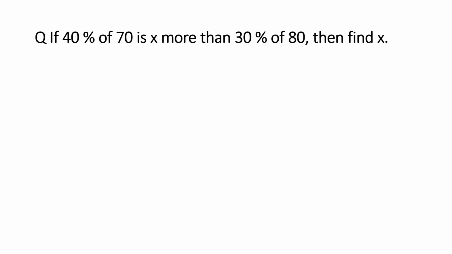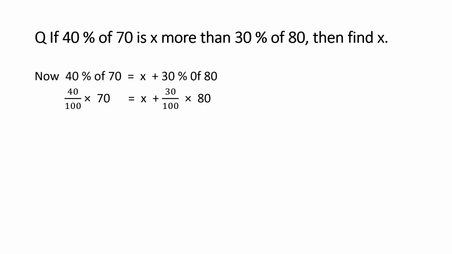So this equation has come out from this statement: 40% of 70 is equal to x plus 30% of 80. 40 by 100 into 70 is equal to x plus 30 by 100 into 80. 40% of 70, that is 28. 30% of 80, that is 24.